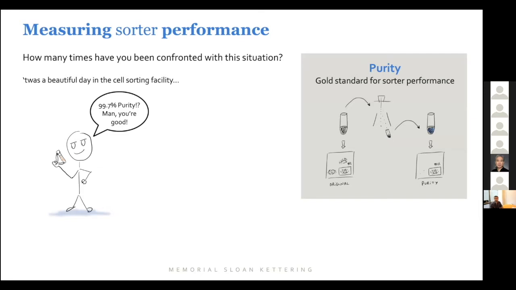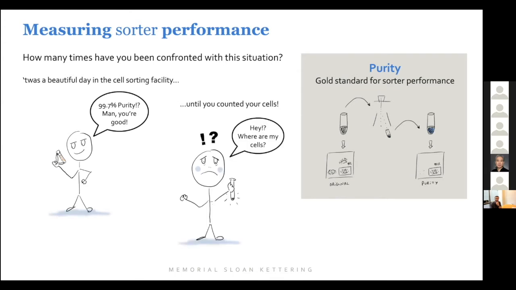If not, there's something wrong either with the sample or with the instrument, right? But that's what it should be performing because it's very precise. It's very good at charging precisely the drop at the right time. But you have to calibrate it and configure it accordingly. So as I was saying, how many times did you look at your samples and the purity was amazing, but then you go back and count your cells and hey, you have far fewer cells, your recovery is terrible, right?